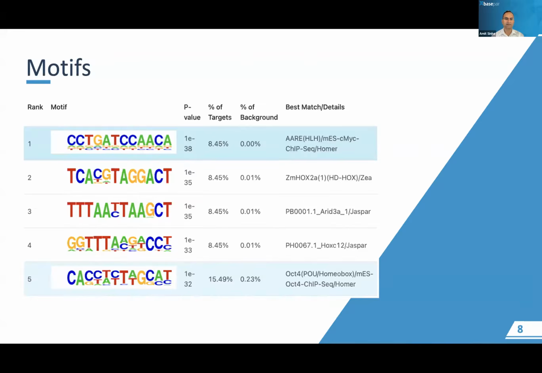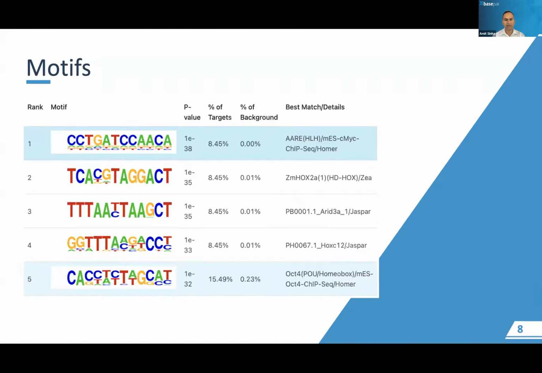And secondly, this analysis will find cofactors, which are other transcription factors which are co-binding with the transcription factor of interest.